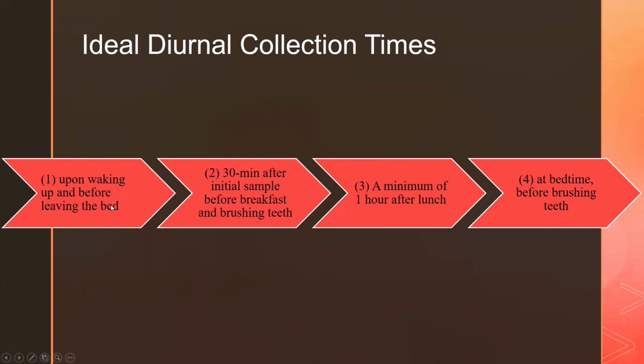But what you typically want to get is upon waking up, before leaving the bed, 30 minutes after the initial sample, before breakfast and before brushing teeth. And why? Because we don't want breakfast to end up in those tubes, and more importantly, we don't want to get blood contamination from when a person brushes their teeth.